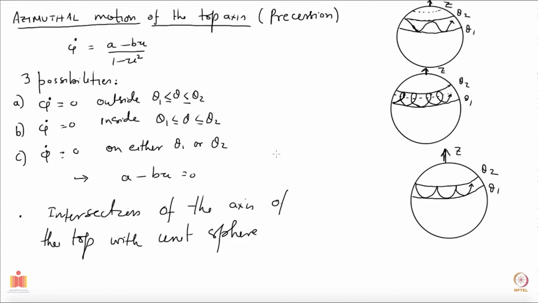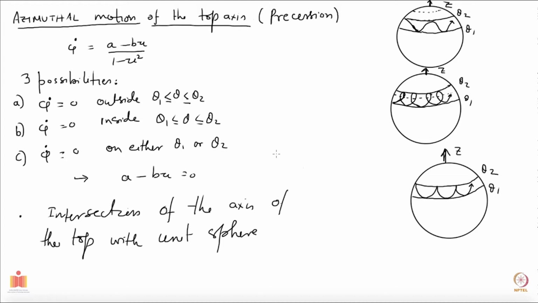There are these three possibilities corresponding to phi dot being outside theta 1 and theta 2, the limiting values of theta, or it could be inside, or could be on one of the limits of theta. So there were these three possibilities which we looked at last time.